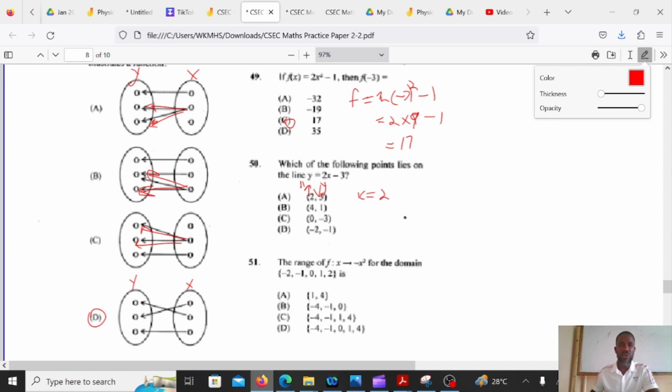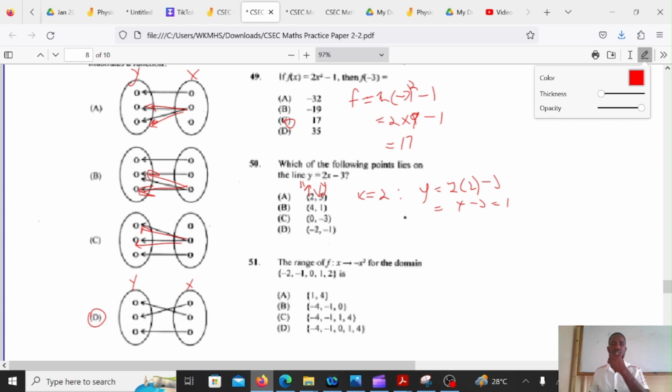Then y is equal to 2 times 2 minus 3, which is 4 minus 3, equal to 1. So that can't work.